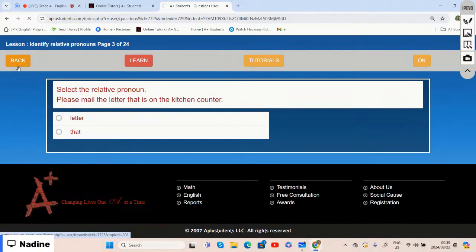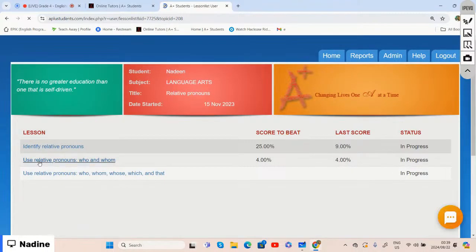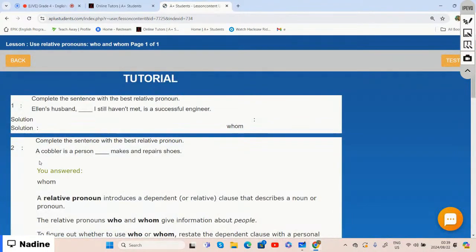All right. Now we're going to use the relative pronouns who and whom. Usually a lot of students get confused about the difference between who and whom, right?